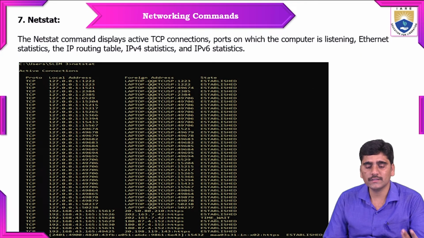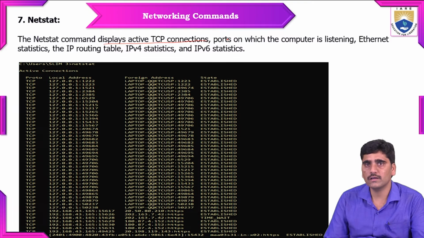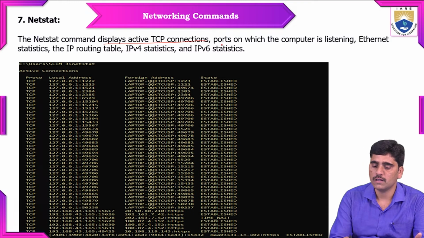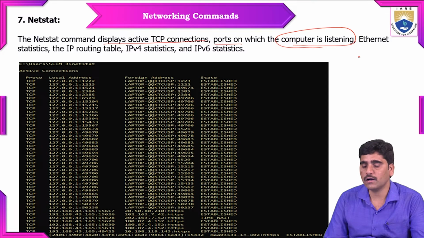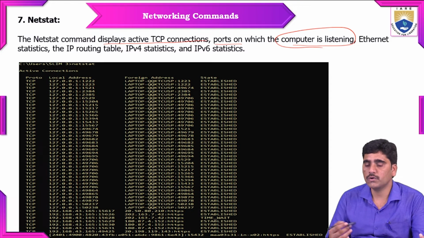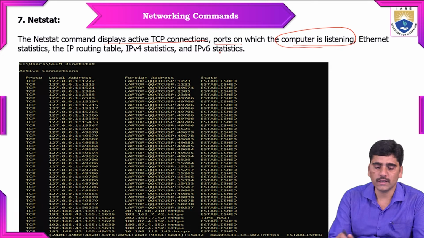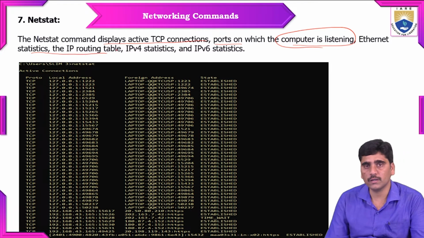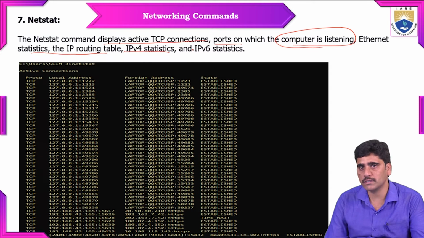And the next one, netstat. The netstat command displays all the active TCP connections and the ports on which the computer is listening. It also shows Ethernet statistics, the IP routing table, the IPv4 statistics and the IPv6 statistics.